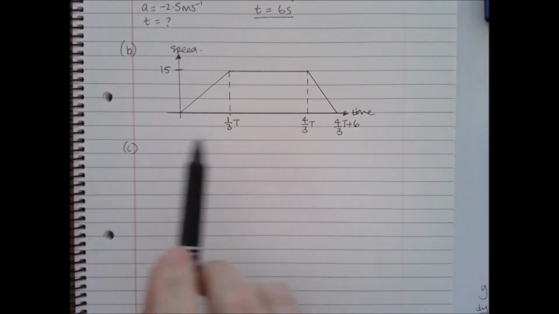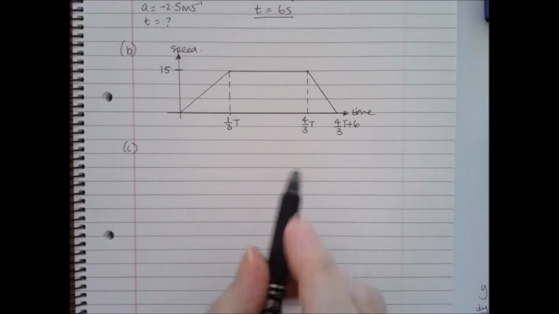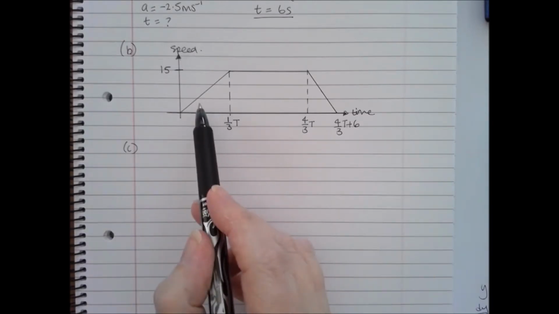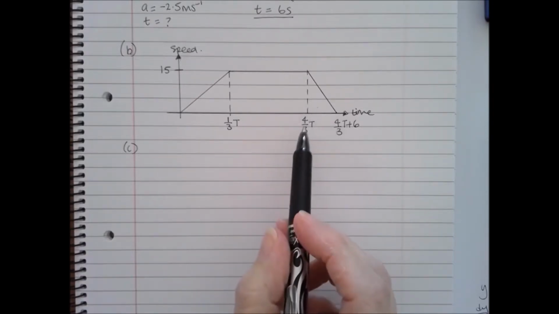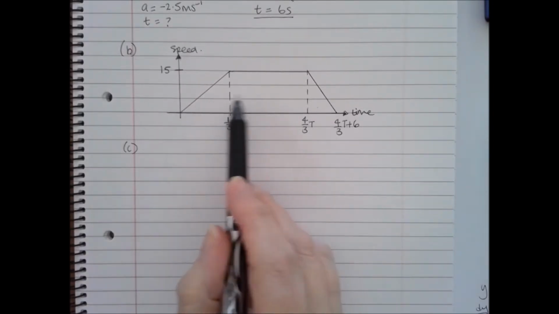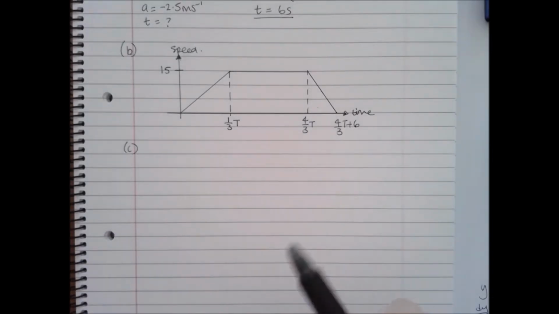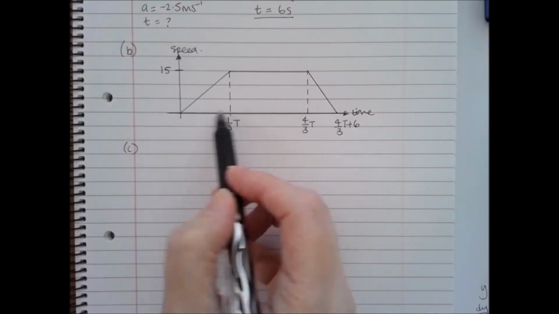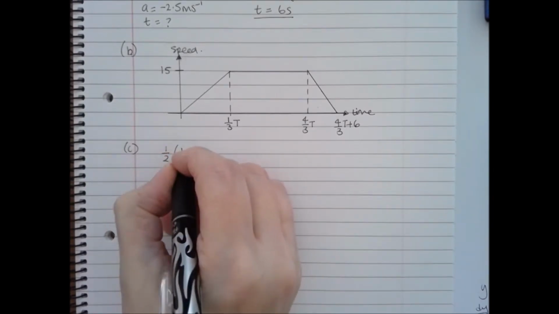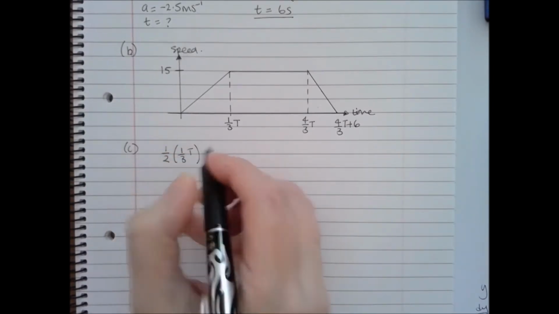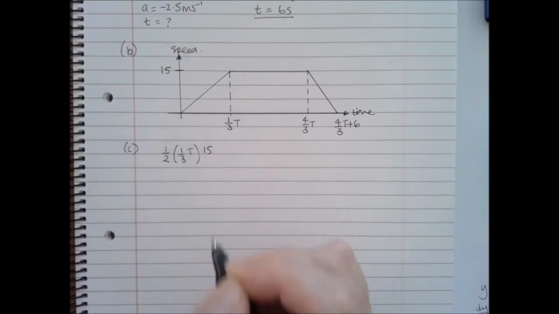Part C wants the value of t. We know that the area under the speed time graph is equal to the distance travelled, and the distance is 885 because it says so in the question. So these three areas here must add up to 885. My triangle, first of all, I've got half of the base, so that's a third of t, multiplied by the height, which is 15.